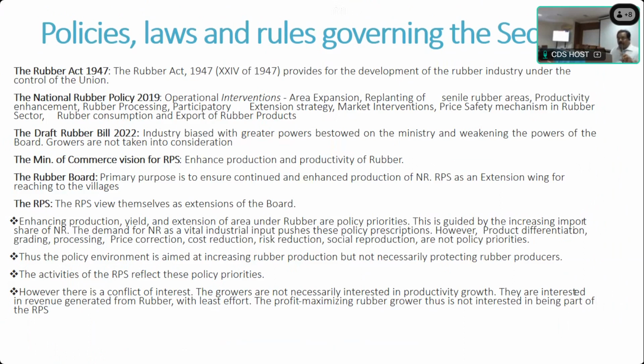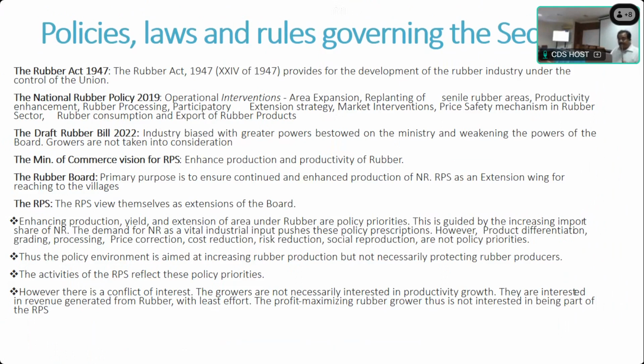Now, from the above, we can derive the following inferences. Enhancing production, yield, and extension of area under rubber are policy priorities. This is guided by the increasing share of imports in our natural rubber. An increasing share of natural rubber is being imported because of the rising prices and other considerations. The demand for NR as a vital industrial input pushes these policy prescriptions.